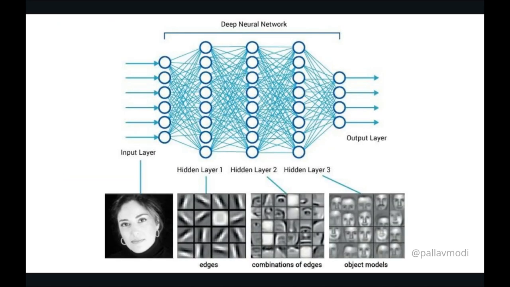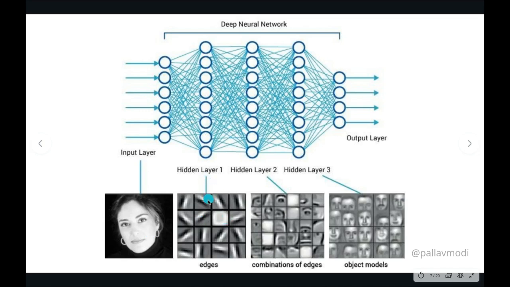And if you want to understand the concept of vision in a little more depth, here is a visual representation of how an image gets deconstructed in an artificial neural network. In this case, we take the image as an input layer.